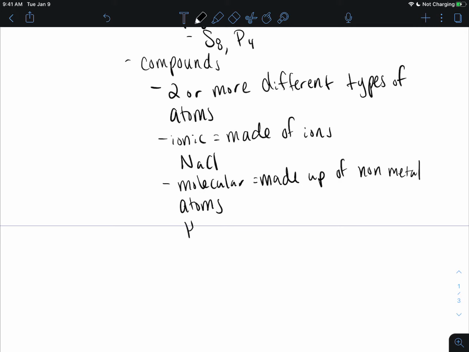So stuff like H2O, CH4, C2H2, all sorts of stuff. So our nonmetals. Ionic, like I said, it's made up of ions, but that's also a metal plus a nonmetal. Another way of looking at that. Okay, our ionic compounds and our molecular compounds.